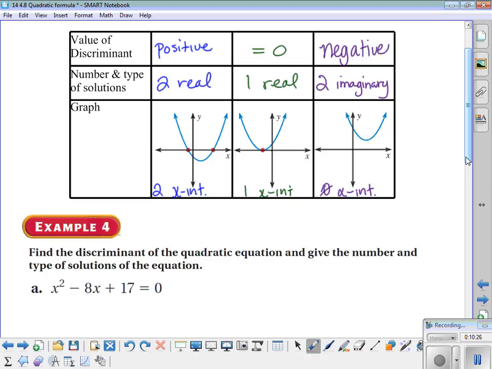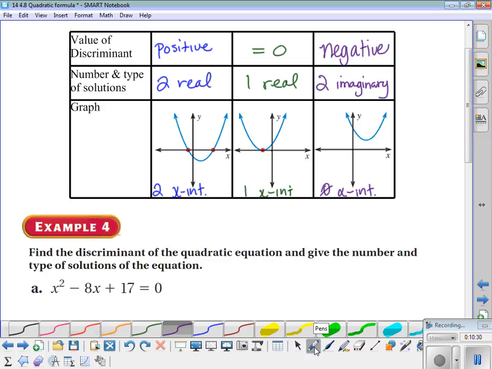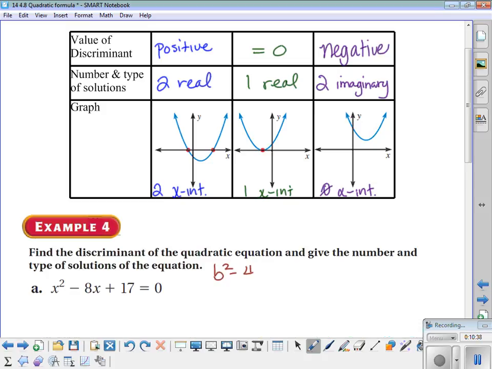So if I look at x squared minus 8x plus 17, I can just do the b squared minus 4ac part and figure out what would be under the radical. So b squared in this case, we got negative 8 squared minus 4 times 1 times 17.